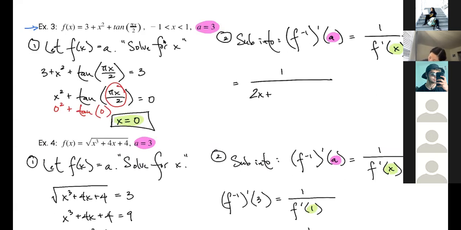I believe it's going to be a secant squared, but I would argue that the inside is not x. Pi x over 2, okay?